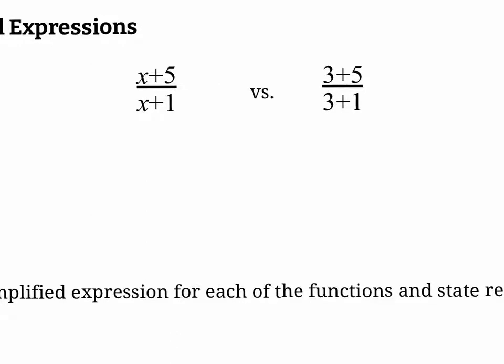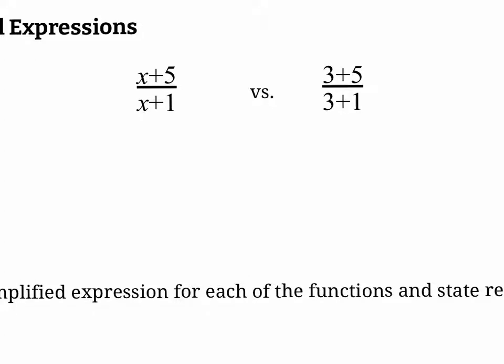And before we do, we need to make sure that we really understand a very important concept, which is this rational expression versus this rational expression. Now this is just an example of putting in an x value of 3 into this rational expression. So there's not much different about these, but we can see some common mistakes that students will make.